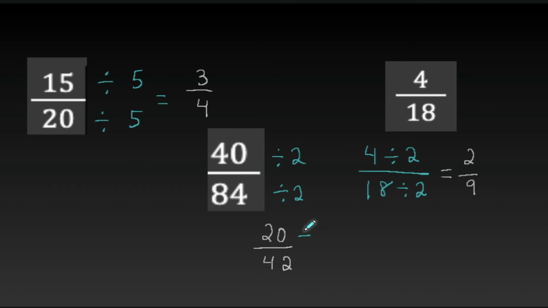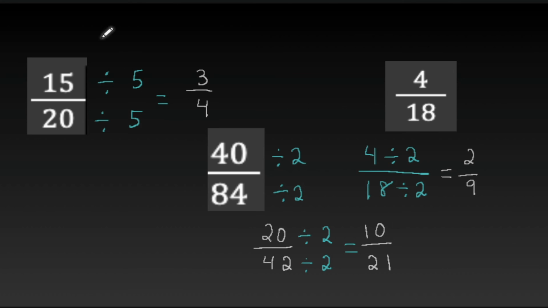So we can divide by 2 again. That gives us 20 divided by 2, which is equal to 10. And then 42 divided by 2 is equal to 21. I got 21 because 2 goes into 4 twice, and then 2 goes into 2 once. The simplified form is 10 over 21.